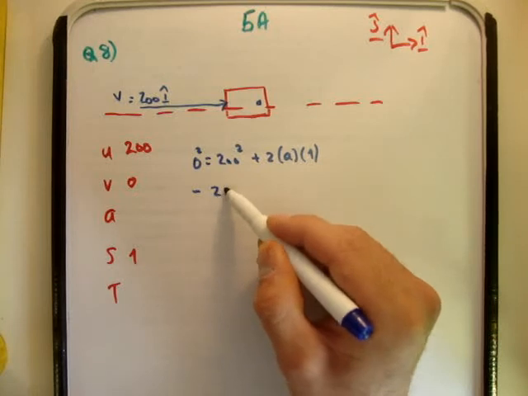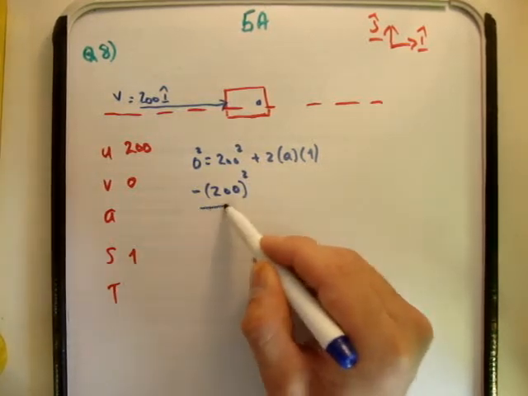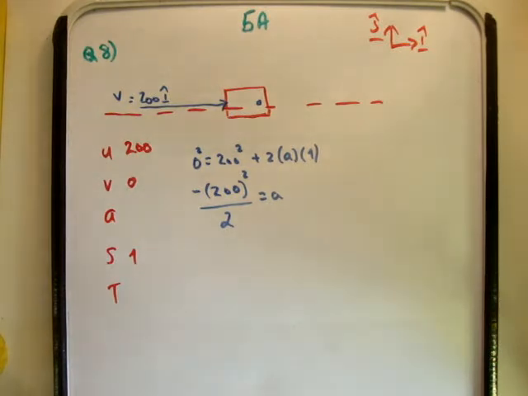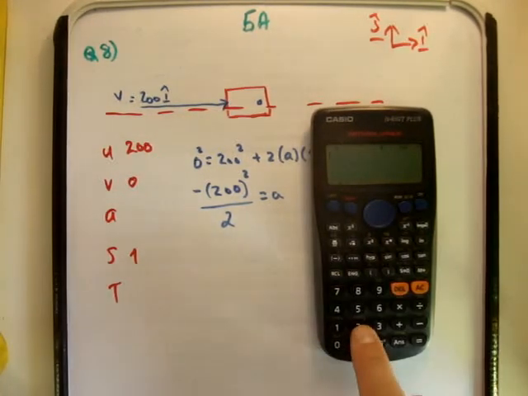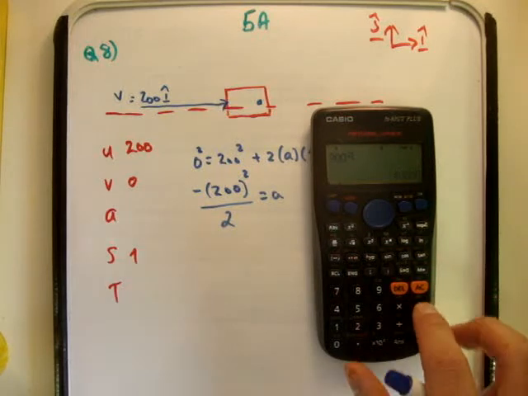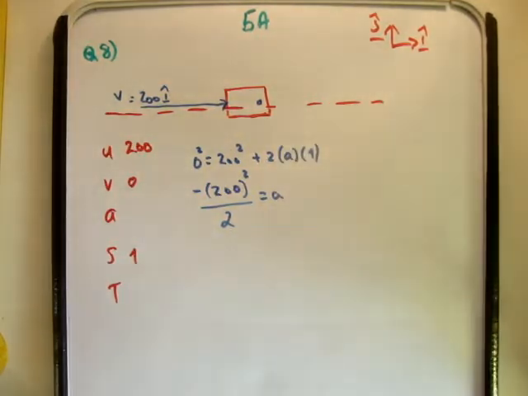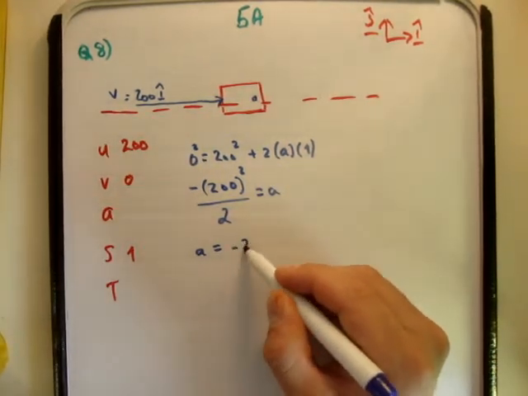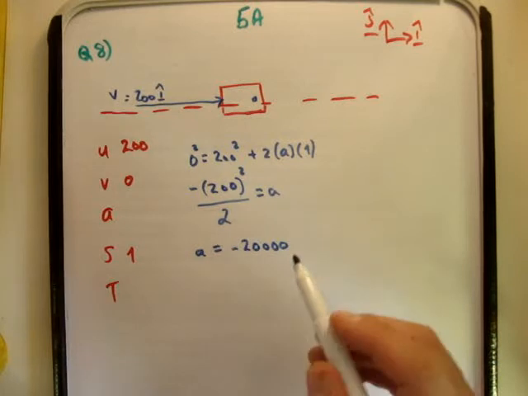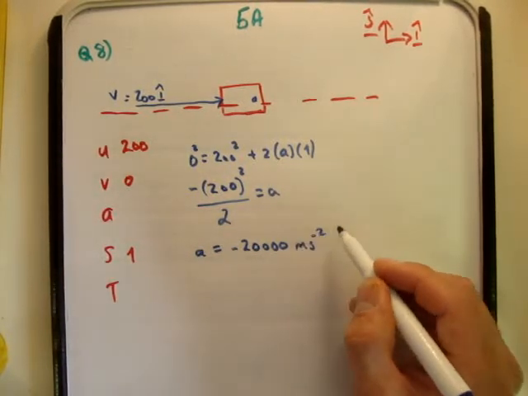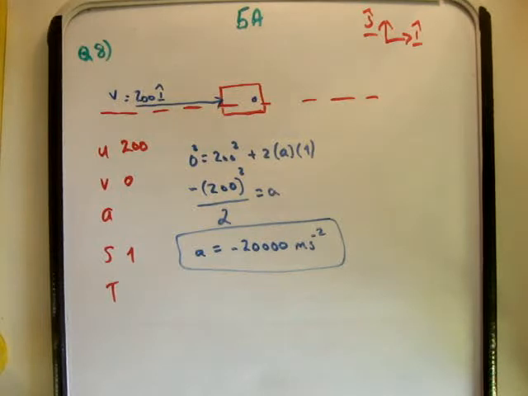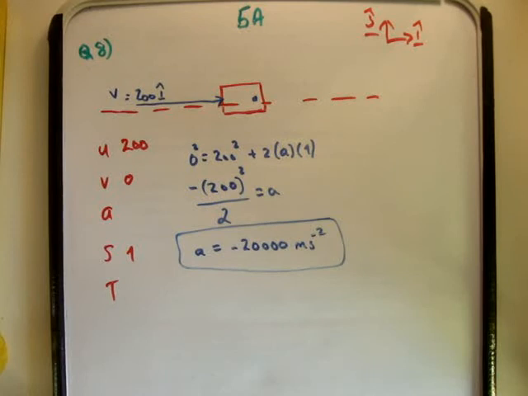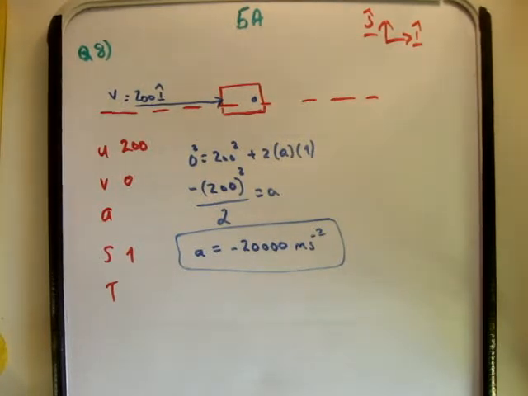So we're going to get negative 200 squared over 2 is equal to a. Alright, so let's just see what that is. So we have 200 squared divided by 2, and we get an acceleration of negative 20,000 meters per second squared, which is a massive number. I'm assuming we haven't seen that yet in the book. So we have negative 20,000 meters per second squared as our deceleration, and we can now get our force.